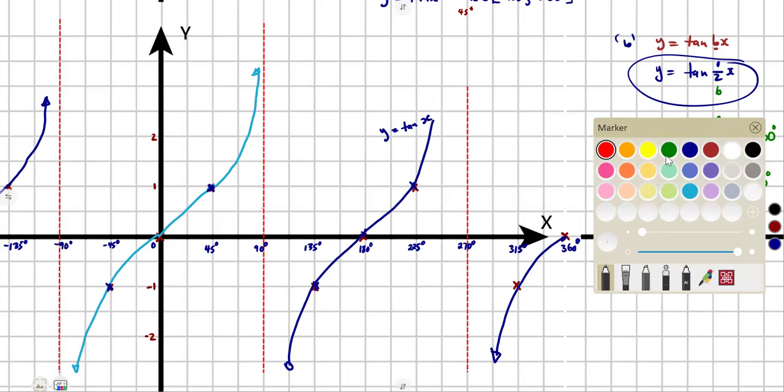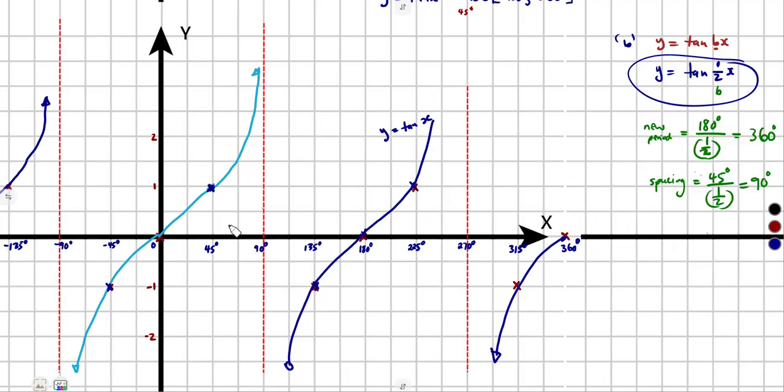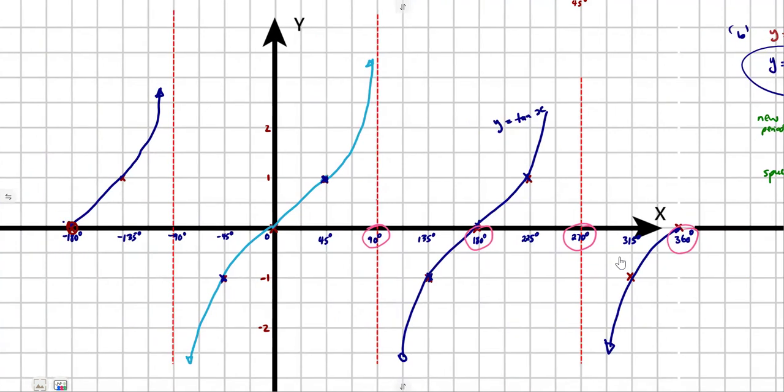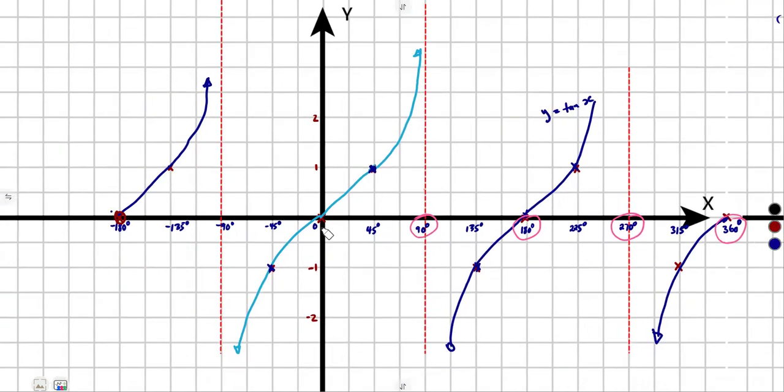I don't know if it's going to make sense if I use the same graph here. What was happening at 0 degrees here is now happening at 90 degrees. Our spacing is 90, 180, 270, 360. The same way as we go the other side, our spacing will be 90 minus 180.